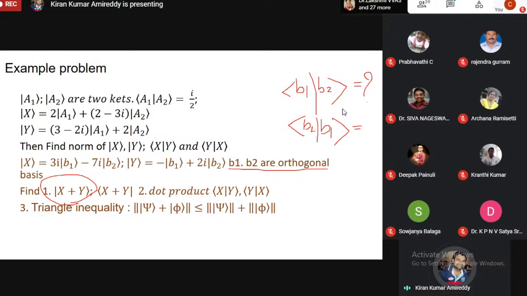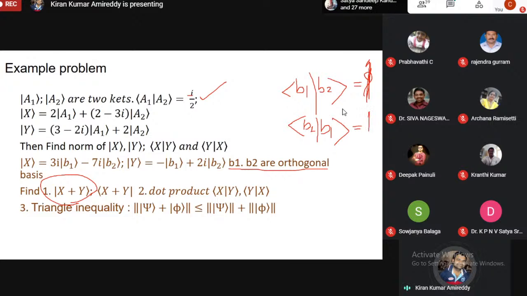Since in this particular problem we already got a1 over a2 is i by 2, then a2 over a1 can be minus i by 2. That we can see. But in this case, the basis a1 and a2 are not orthogonal. But here b1 and b2 are the basis, and these two bases are mentioned as orthogonal. So that means b1 with b2, or b2 with b2, can be equal, and that can be equal to 1, since orthogonal.